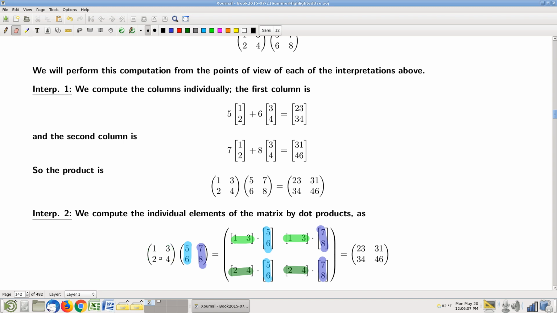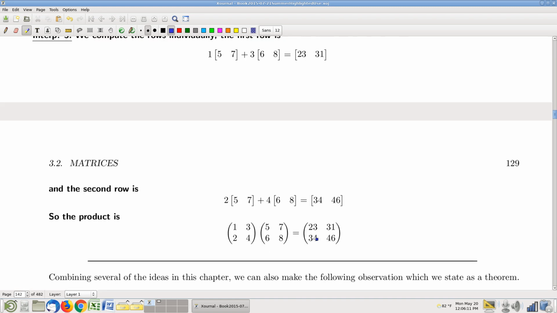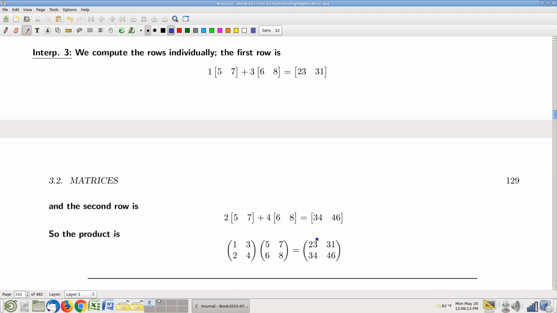And then lastly, you can compute these matrix products one row at a time. This first row here, you can understand as coming from looking at a linear combination of these rows of the right matrix using these numbers, the corresponding row of the left matrix, as your coefficients.